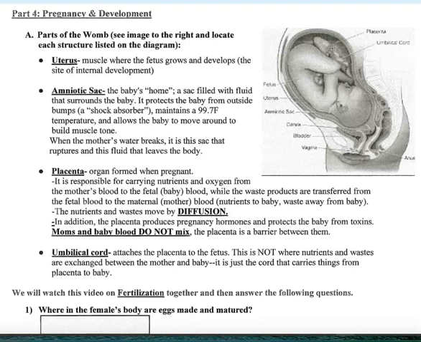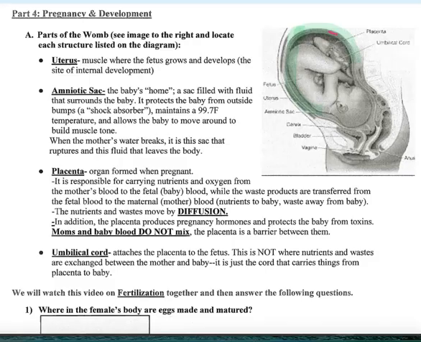You can see that the uterus is this whole outside lining that you see. I'm not going to highlight all of it because it's right next to something else, the amniotic sac. You can see that there's two lines here. One is the outer, which is the uterus, and the inner one is the amniotic sac.